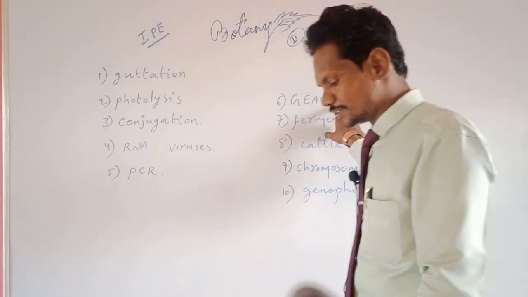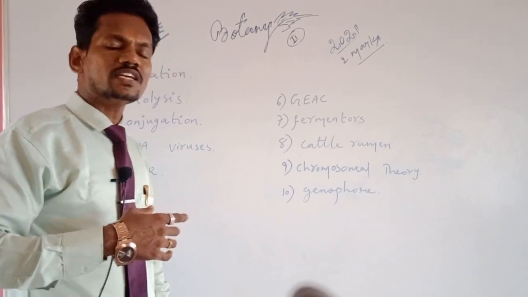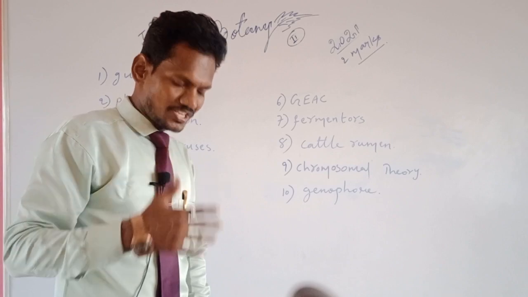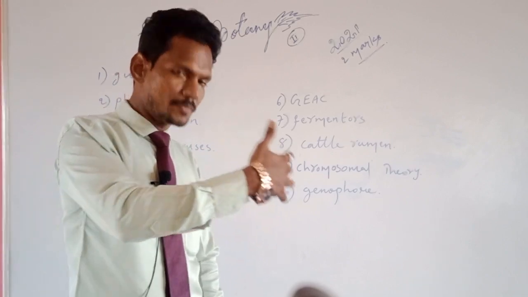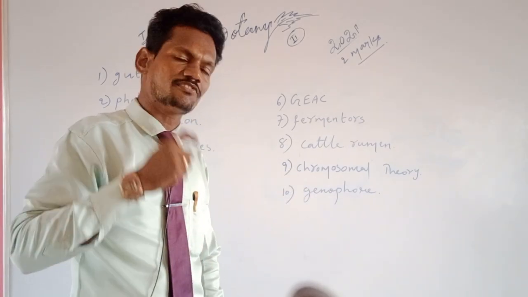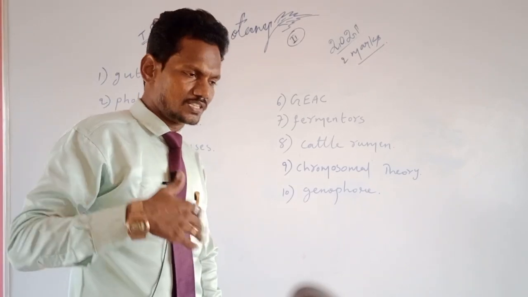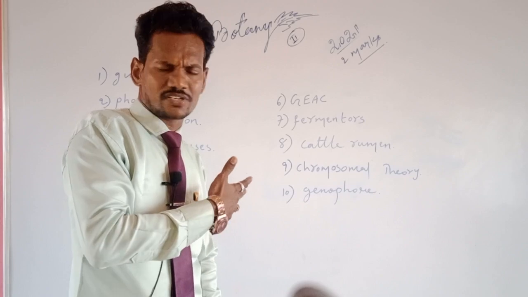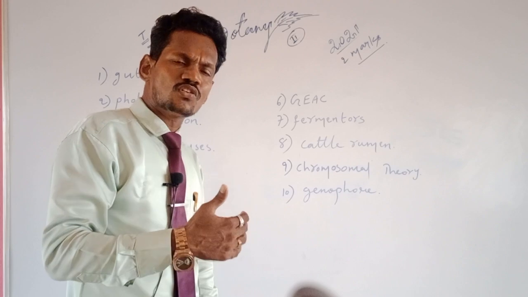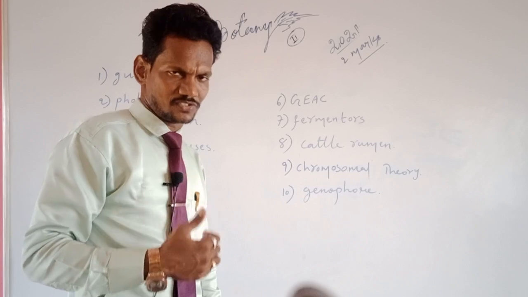Then coming to the sixth one, what is GEAC and what is its function? The full form of GEAC is Genetic Engineering Approval Committee. That is the first point, 1 mark for that. The next point: the main function of this GEAC is that it will guide, control and suggest on DNA technological experiments.